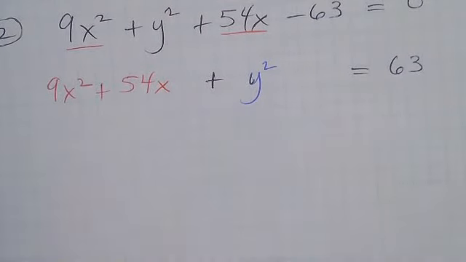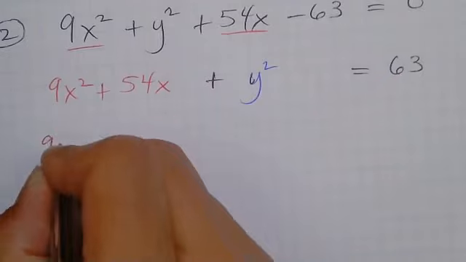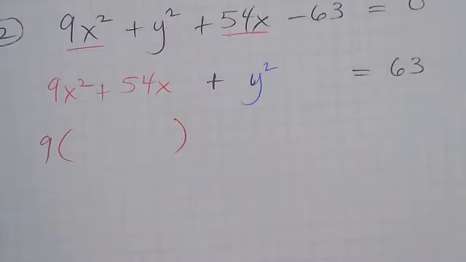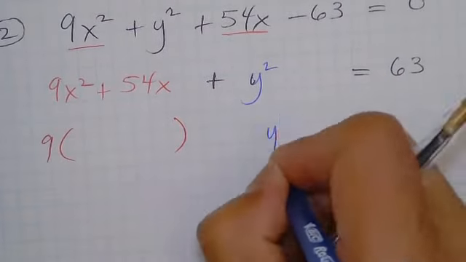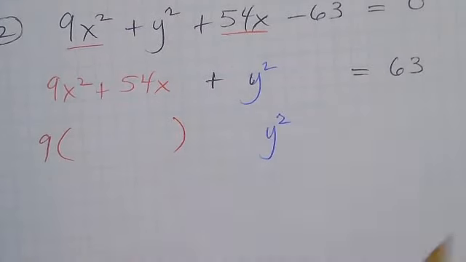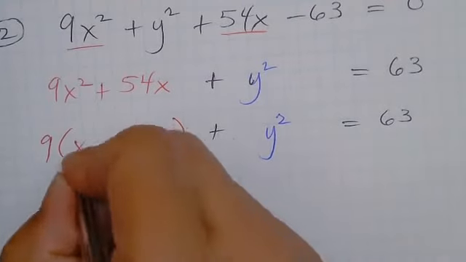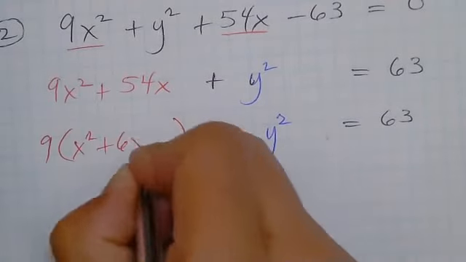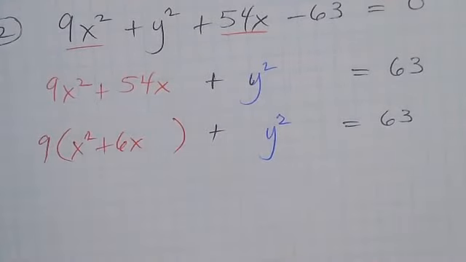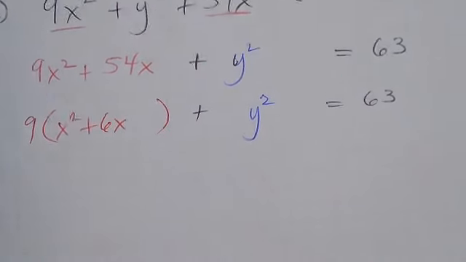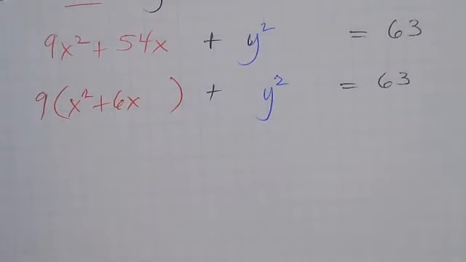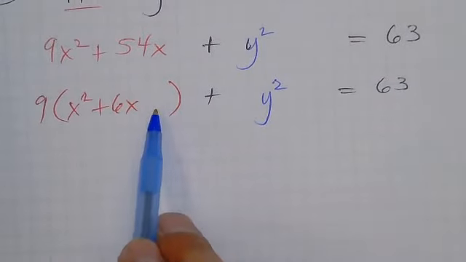Okay. What do we need to do first? Huh? Factor out the 9. We got to factor out the 9. All right, go ahead and do that. That's going to be x squared plus, I got 6. Is that good? Yeah. I got 6. All right.